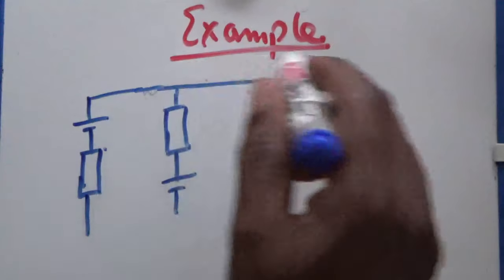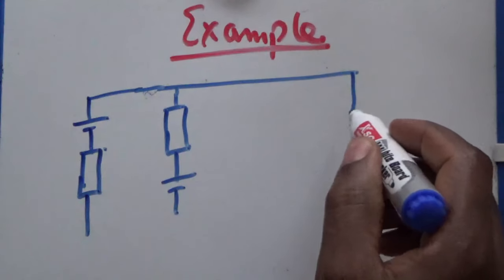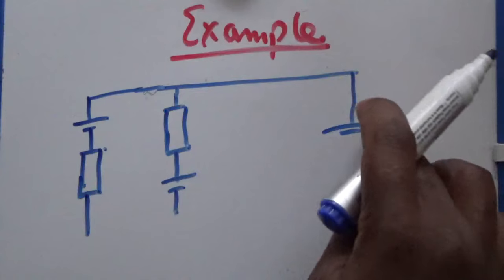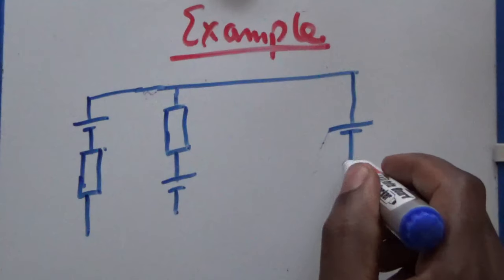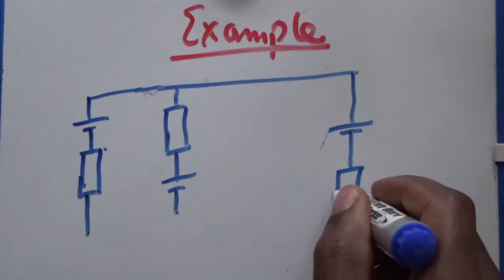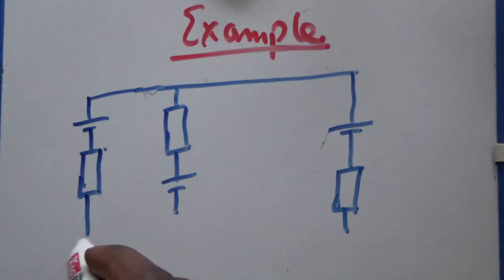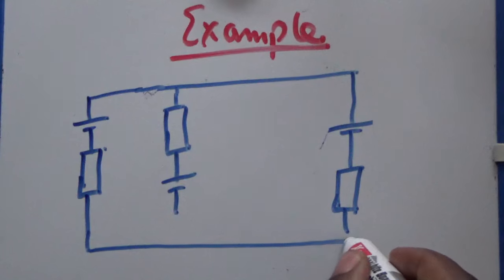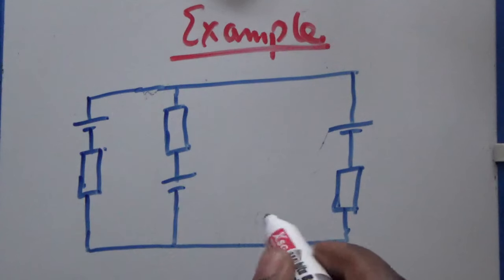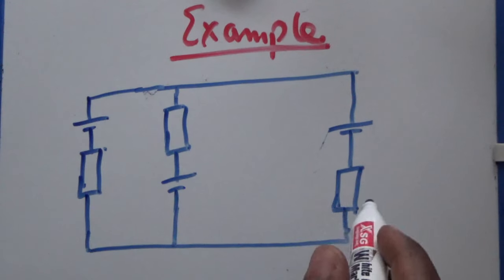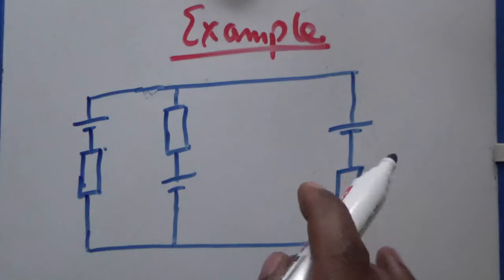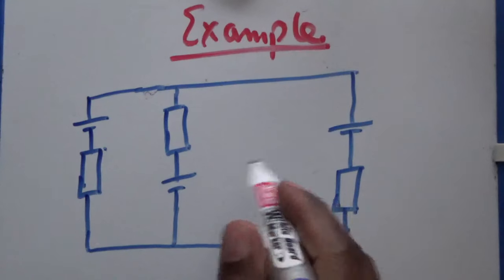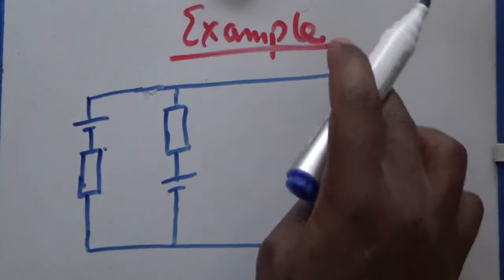And I just want to make sure that this is the battery here, and then a resistor here. Then I will close this whole thing like this. So this is our circuit. The better one is shown below. But let's now look at a few things inside.